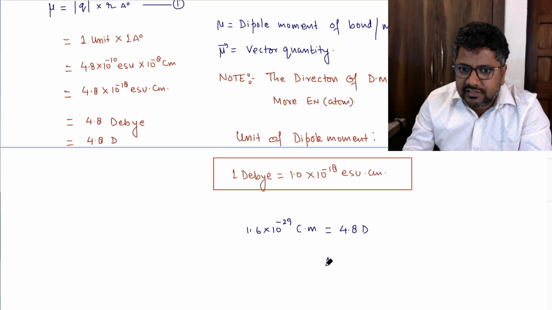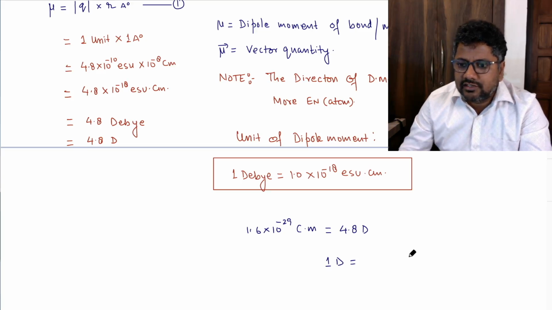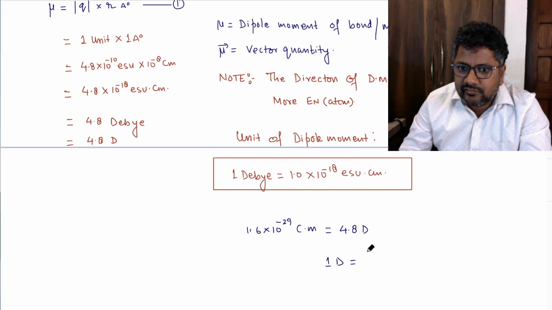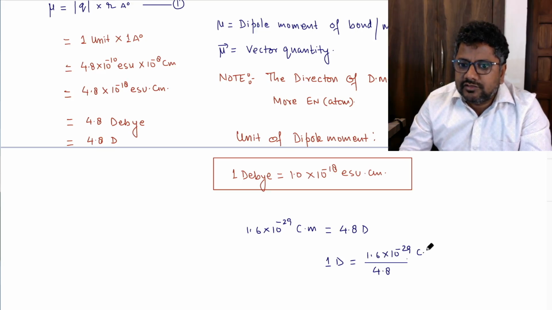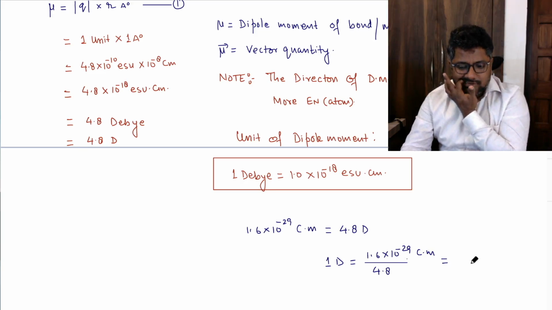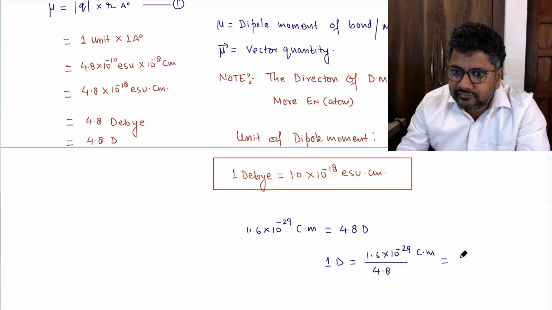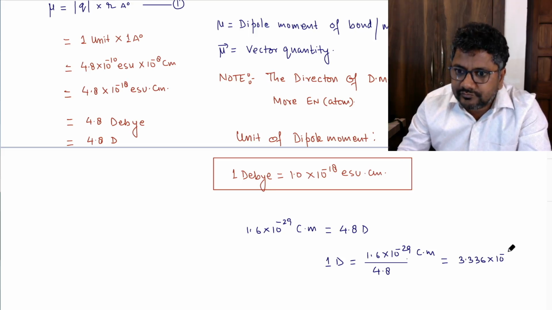So 1 debye is equal to 1.6 into 10 to the power minus 29 by 4.8 coulomb meter, and this is equal to 3.336 into 10 to the power minus 30 coulomb meter.